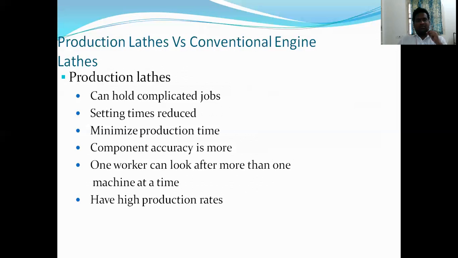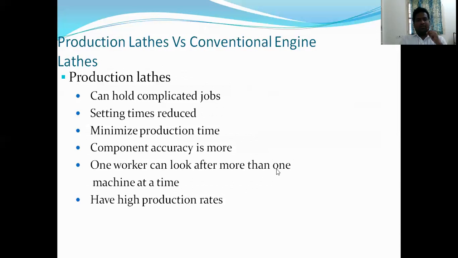By doing some modifications on the length, accuracy is also more, and one worker's manpower we can also reduce, right? So one worker can look after more than one machine at a time. We can handle more machines at a time and have high production rates.